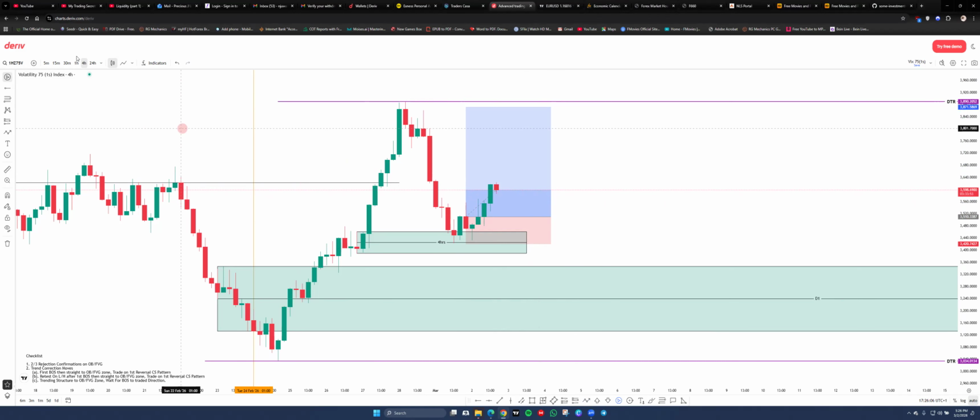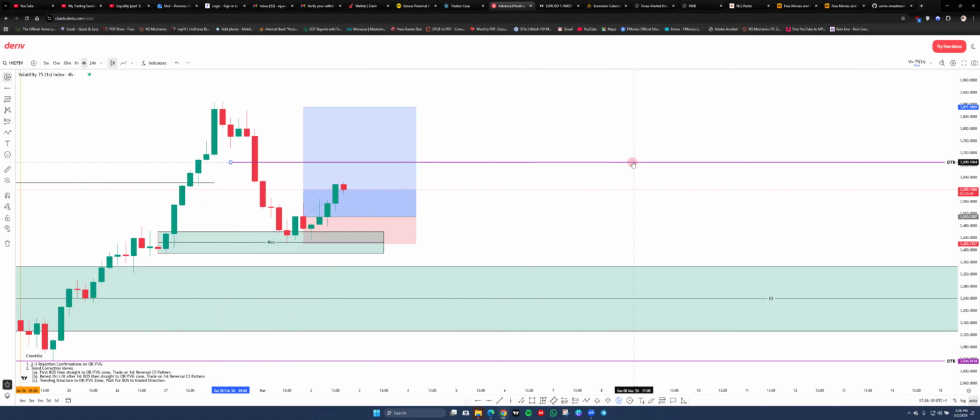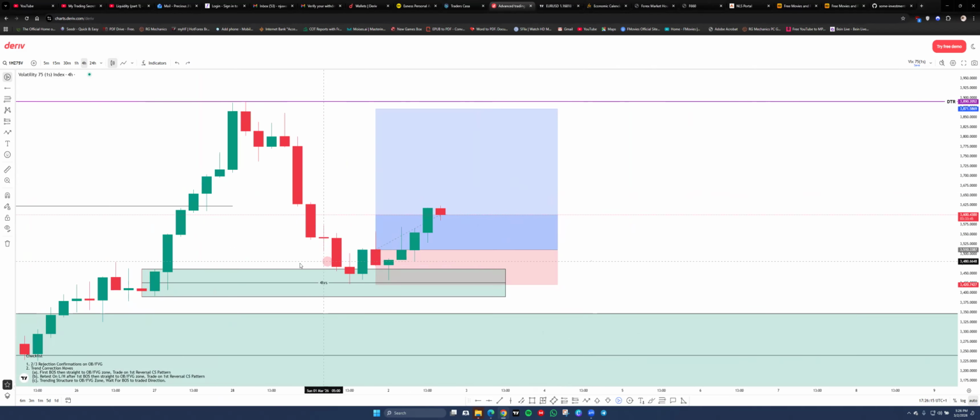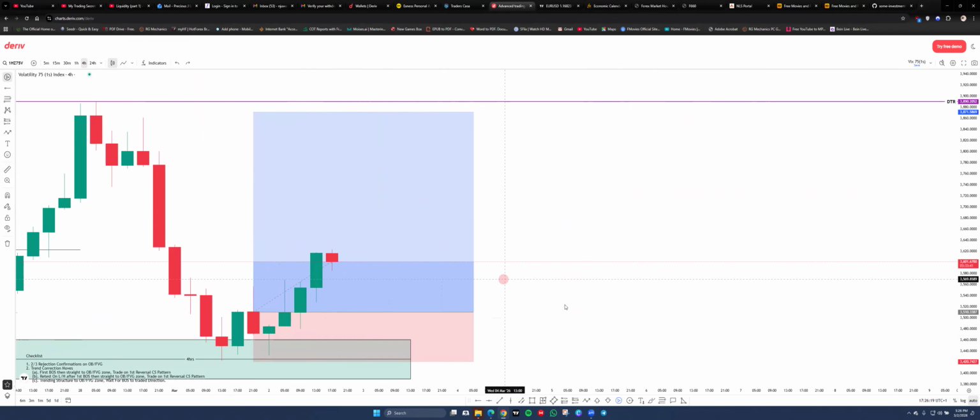Let's break it down to a 1 hour. Let's see, because then we have a market that gave us this break of structure at this point. Okay, I don't think the break of structure happened exactly there. I think I was mistaken, because my entry was just okay.